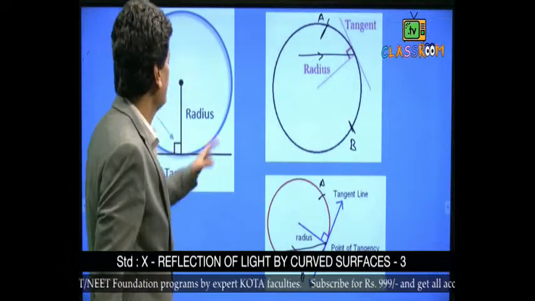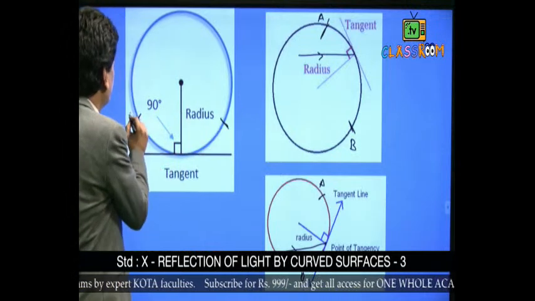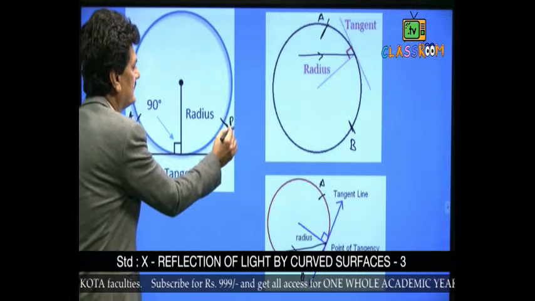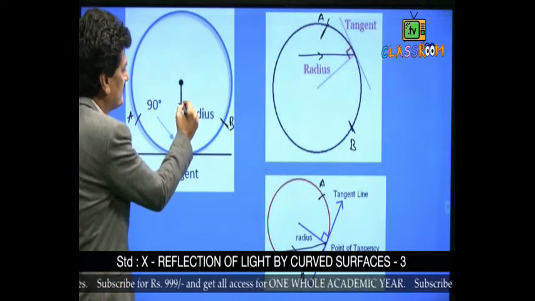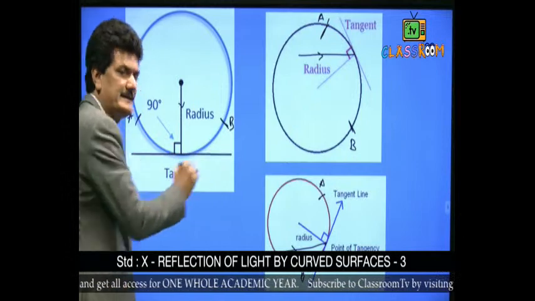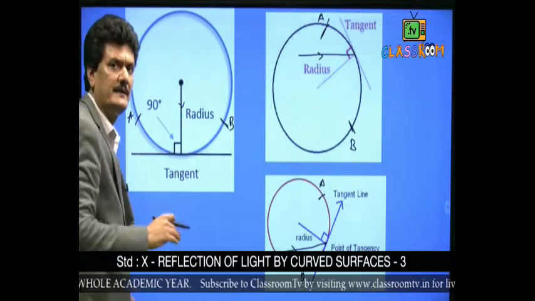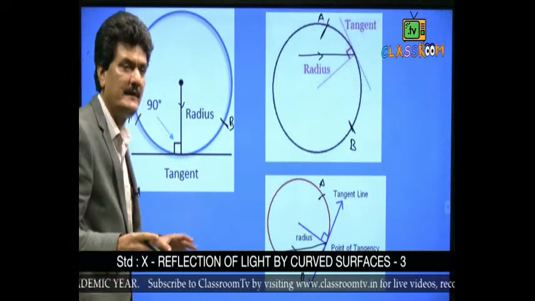So at any other point, suppose this is the mirror AB, and here the incident ray is striking. Draw a tangent there, draw the radius. So that radius itself will behave like a normal.